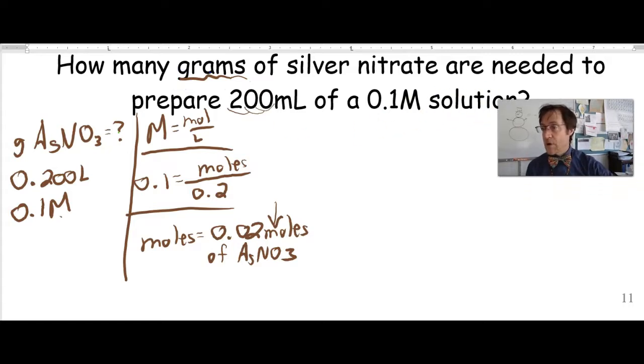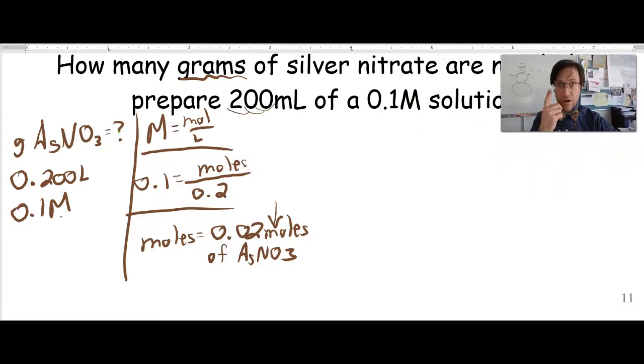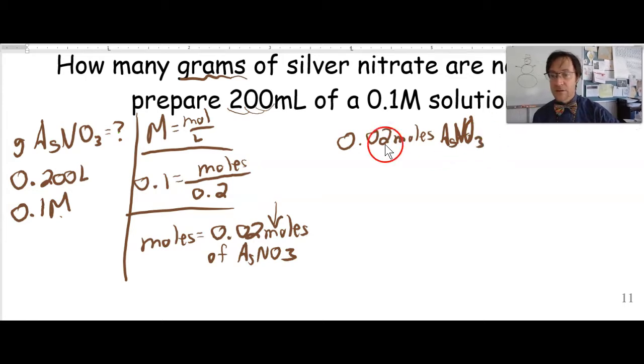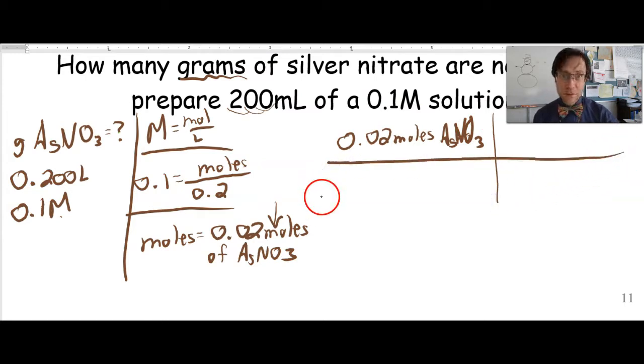So easy peasy, man. We're just going to break out our lines of pain knowledge once again. We're going to write down what we start with in the upper left. So we're starting out with 0.02 moles of AgNO3, silver nitrate. And I'm going to need to find the gram formula mass here, aren't I?